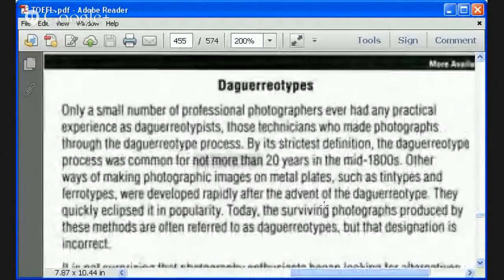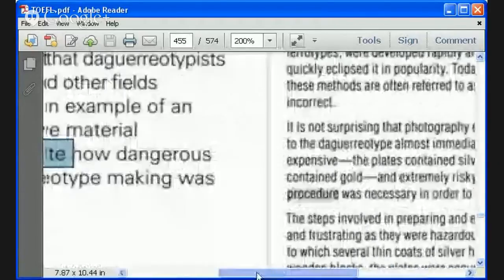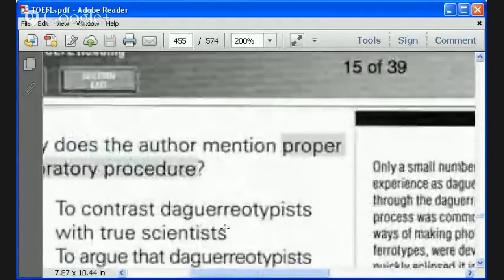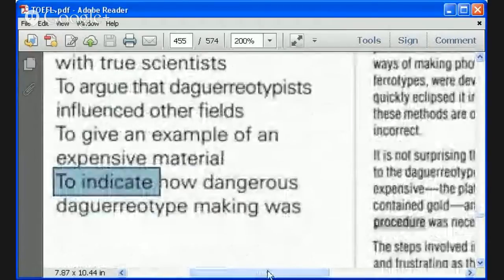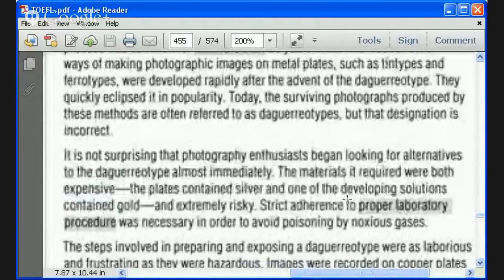David, we're going to go directly to, what was it again? I forgot what we were looking for. Proper laboratory procedure, which we can find right here. This type of question, we want to know why the author's doing something.